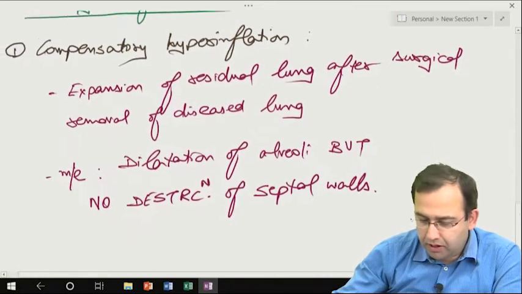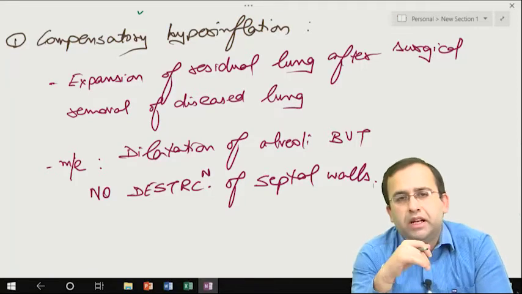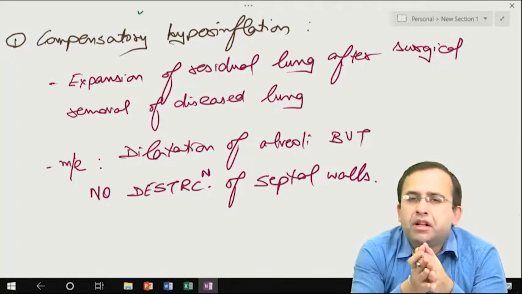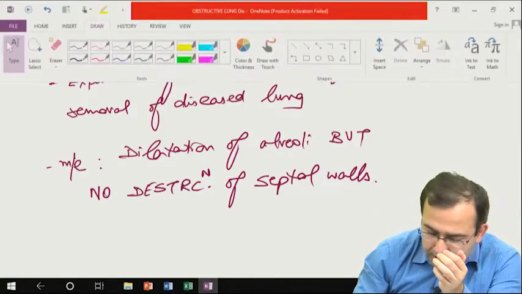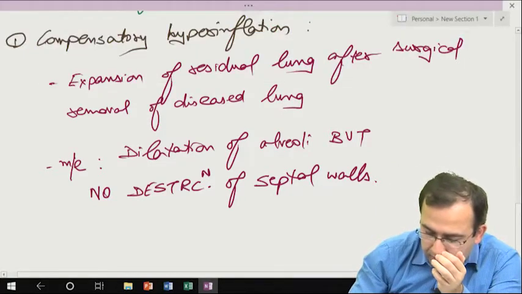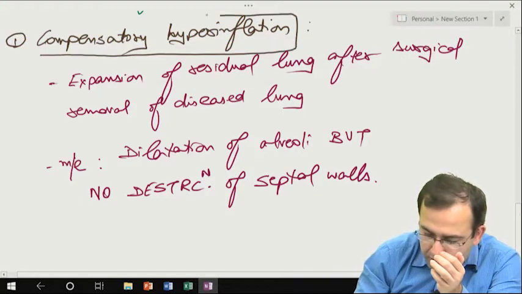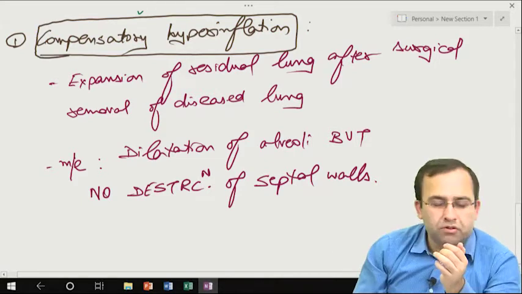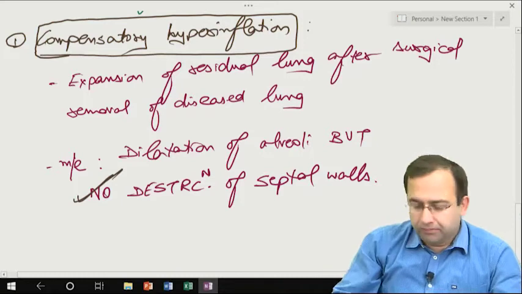This is important. When we see what emphysema looks like microscopically, I'll show you that the septal walls are destroyed, except in compensatory hyperinflation. This is a compensatory response, so there is no destruction of septal walls.